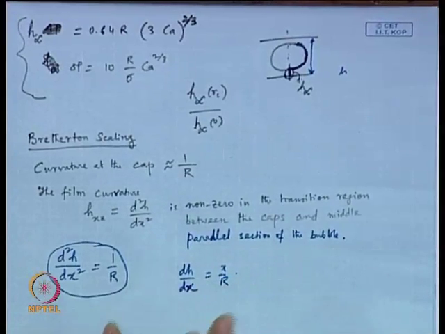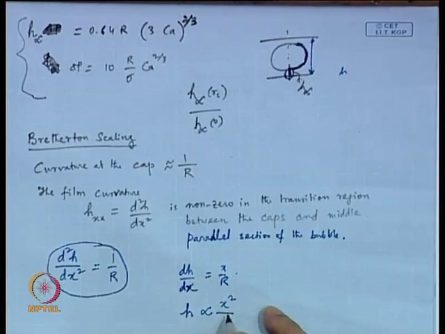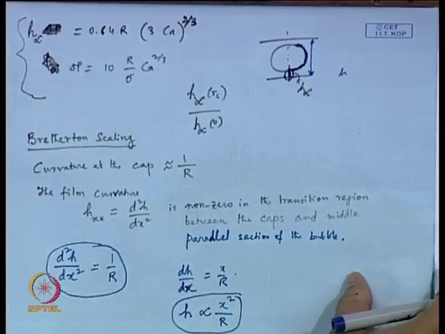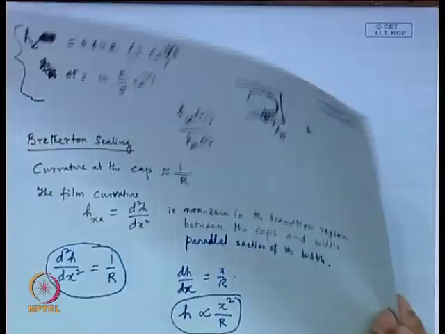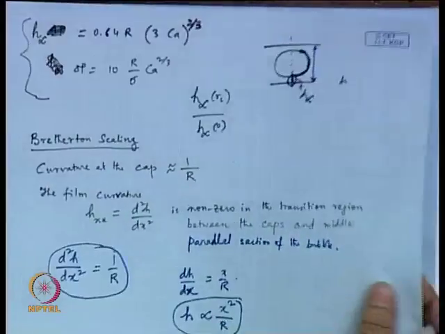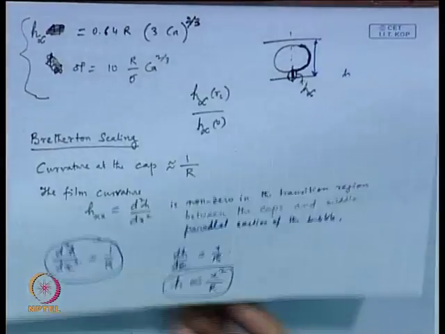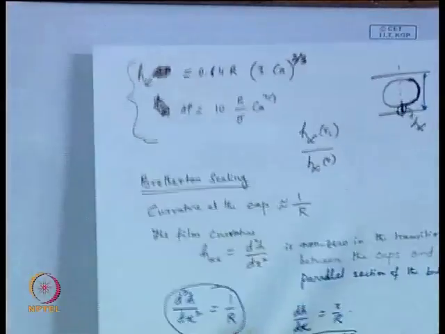The bottom line is that they have said that h is proportional to x square divided by r. This relationship they have come up with by integrating it twice. It is not a rigorous analysis. Once again, the objective here is to find out what would be the scaling.